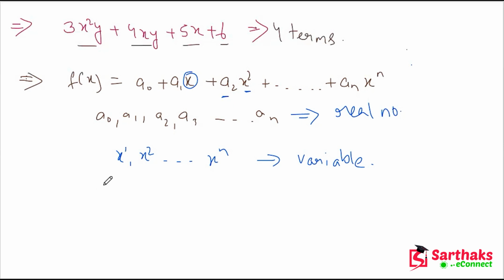I hope you get this point. If it is not a rational number, then it will not be a polynomial. Now let's move on.